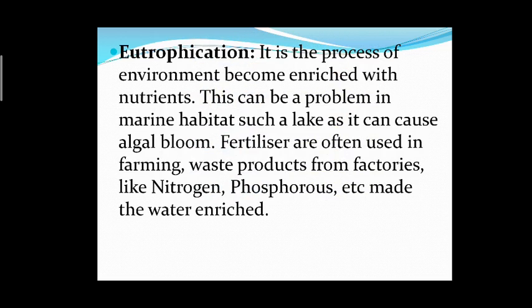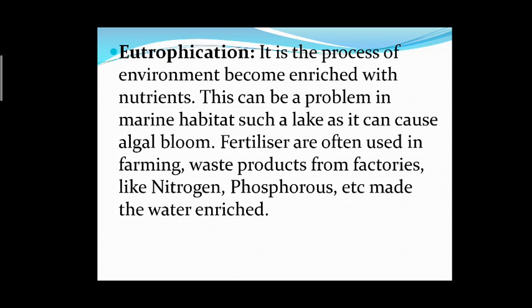Then the next problem is eutrophication. It is the process by which an environment becomes enriched with nutrients. This can be a problem in marine habitat or aquatic habitat such as a lake, as it can cause algal bloom.